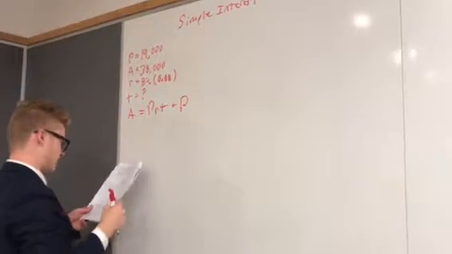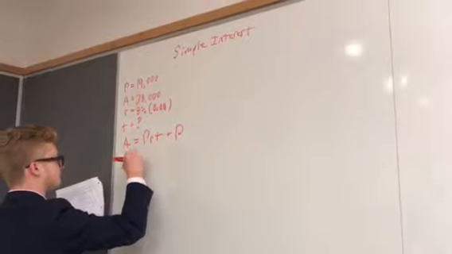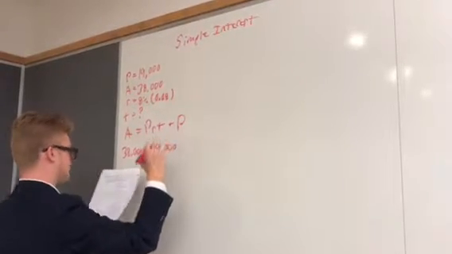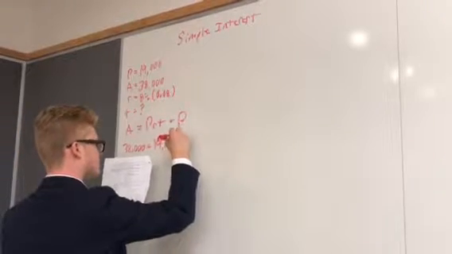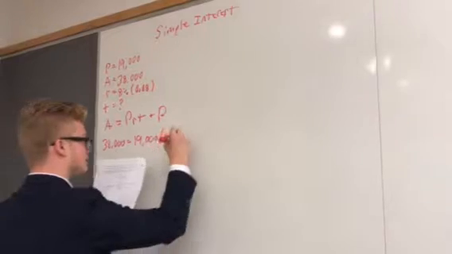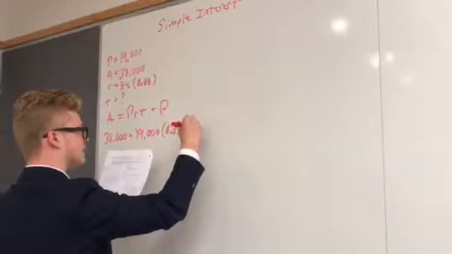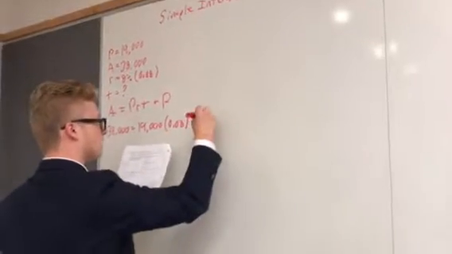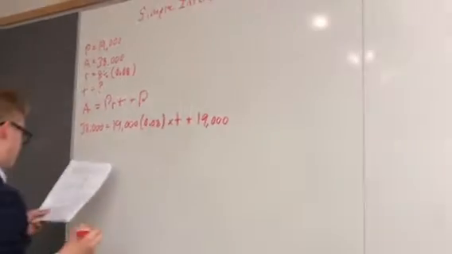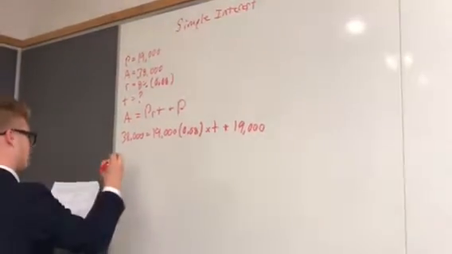Okay, so now to get started in the equation, we have to start off with A, which is 38,000, equals the P, which is 19,000, times 0.08, times T, which we don't know, plus 19,000 again for the P. And so after that, we're just gonna start doing our adding and the multiplying.